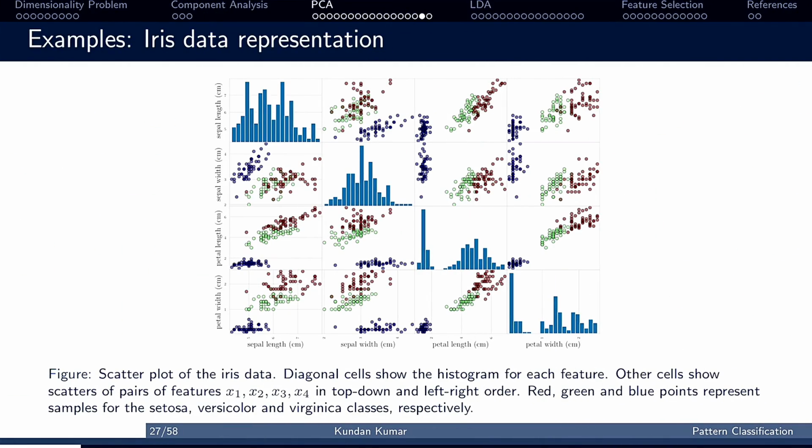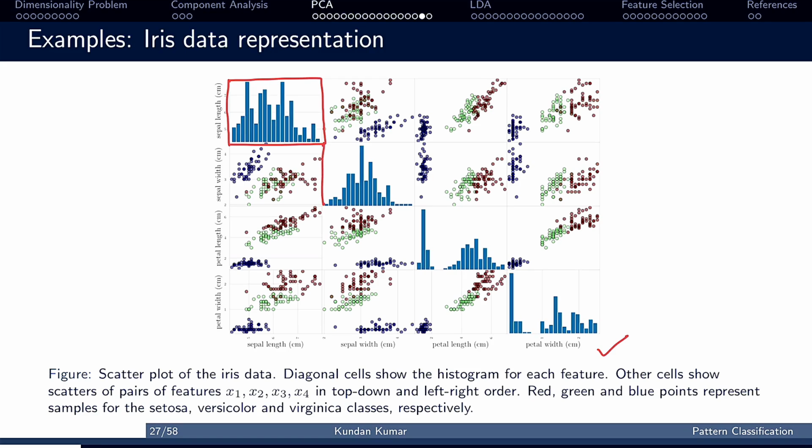So, this is the scatter plot of the iris data set, which tells how the feature vectors are related to each other. If you consider the first block, this is sepal length versus sepal length. That means we are talking about the first feature column, and there we compute the histogram of the first column.